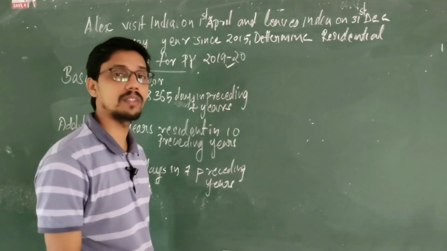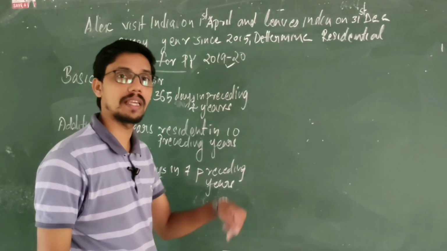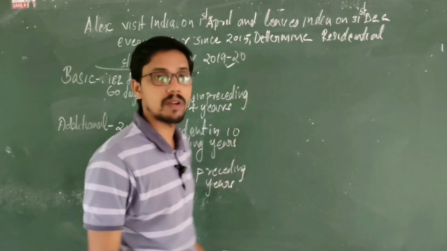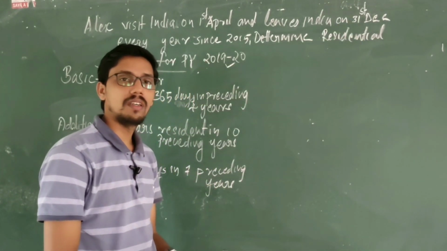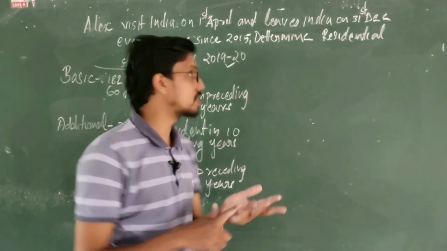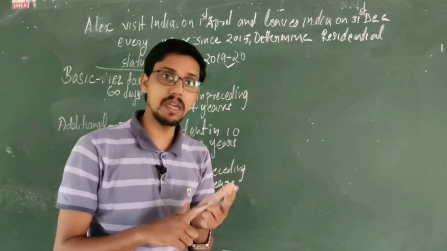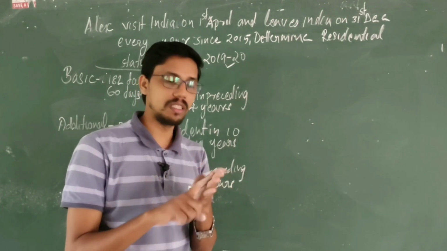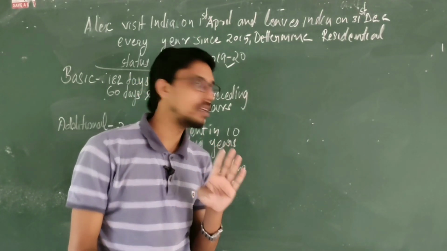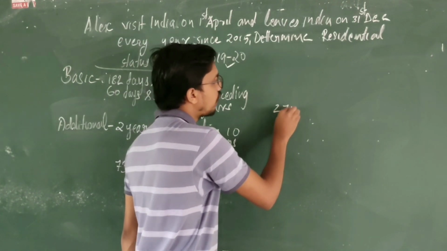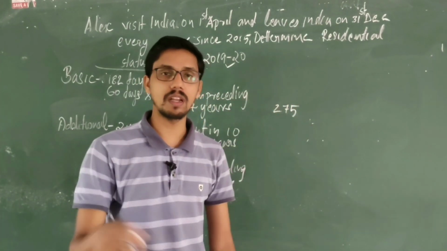In 2019-20, was he in India? Yes, he came on 1st April and left on 31st December. How many months has he been here? April, May, June, July, August, September, October, November, December: 9 months. 9 into 30, maybe 270. So he will be here for about 275 days in the relevant previous year.